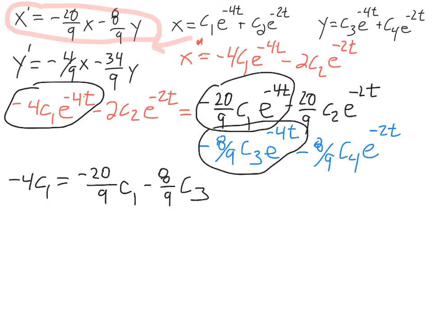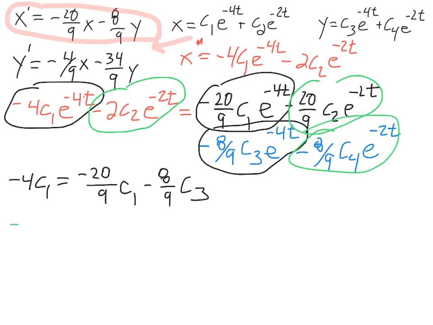And grouping all of the e to the minus 2t terms gives me a second condition: minus 2 C2 needs to equal minus 2/9 C2 minus 8/9 C4.